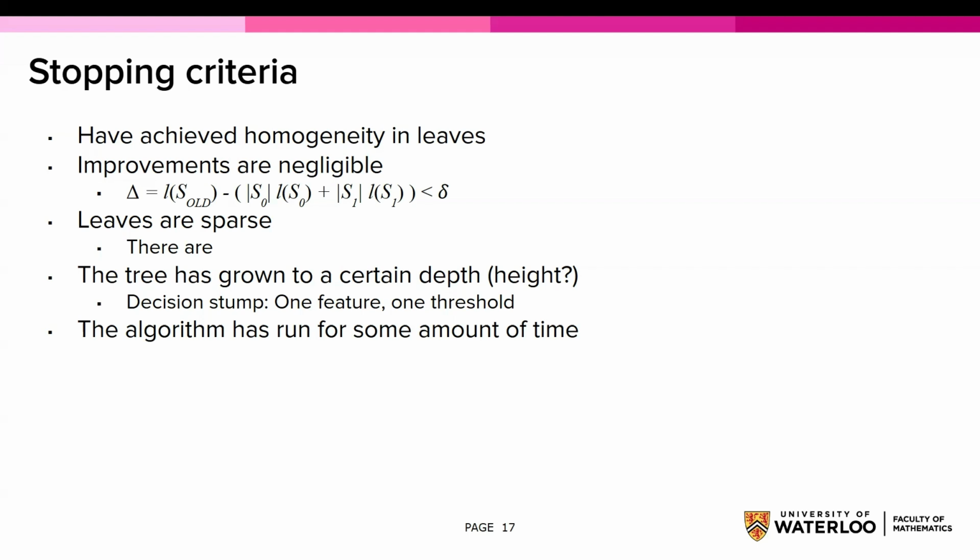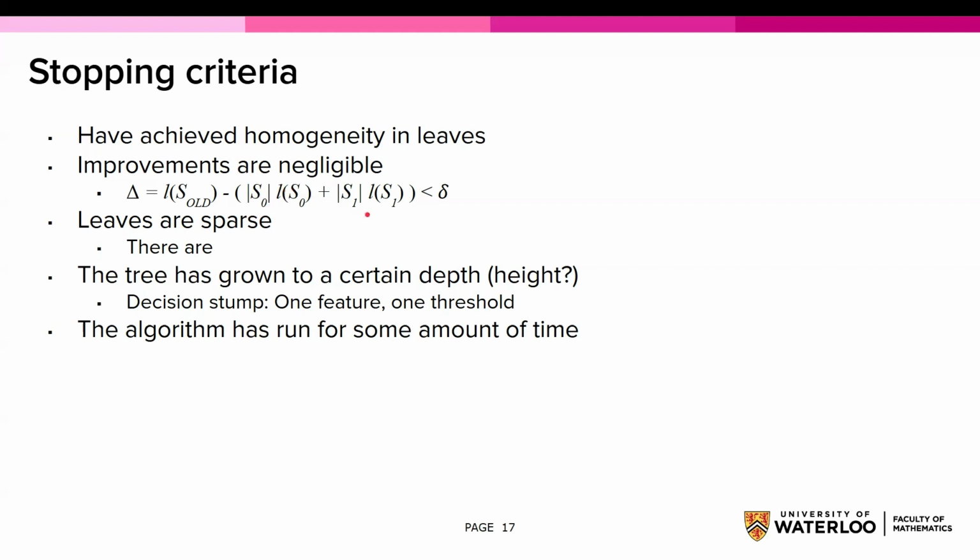For example, if the reduction in the loss between the previous split and the loss of the next split falls below some stopping threshold, then you would stop growing the tree there.